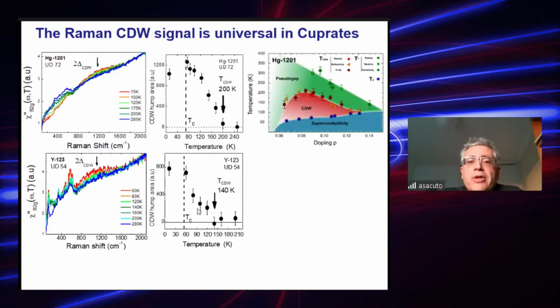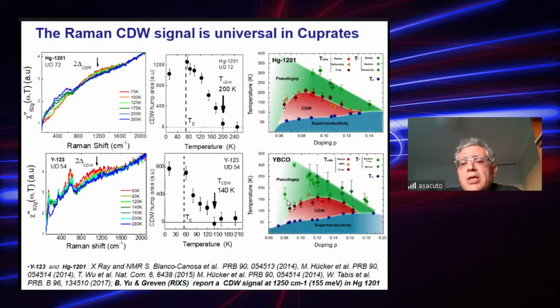Now if we report our Raman data, the red spots, on the phase diagram from the X-ray diffraction and NMR, we see that it fits pretty well with the transition temperature found by the other spectroscopic techniques. Here we have performed a measurement on YBCO of two different doping levels.